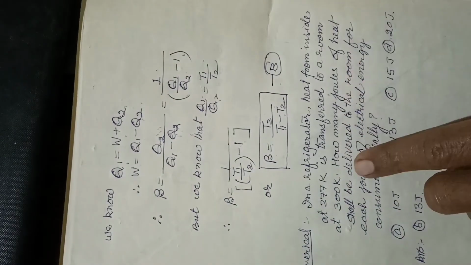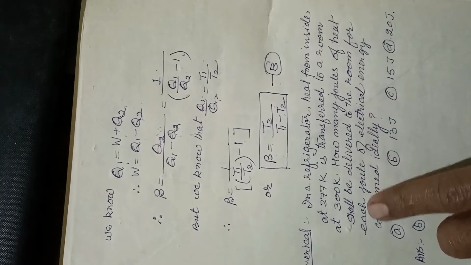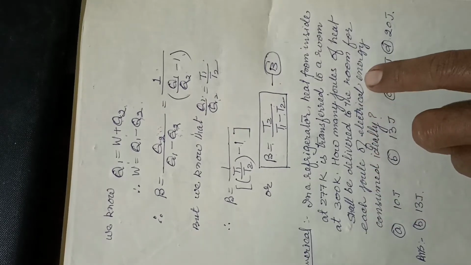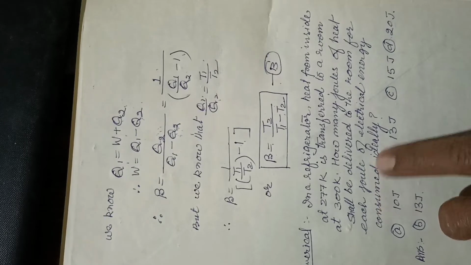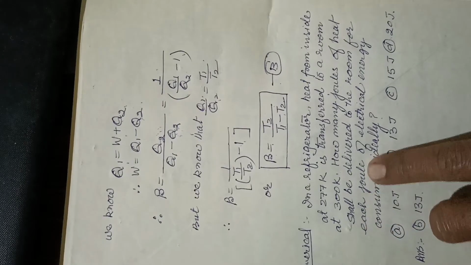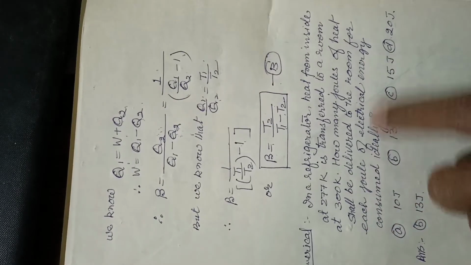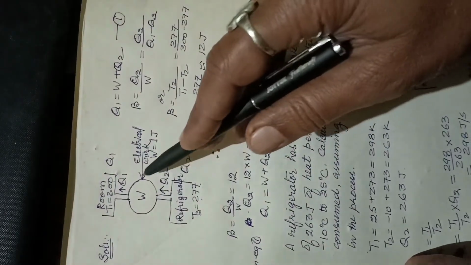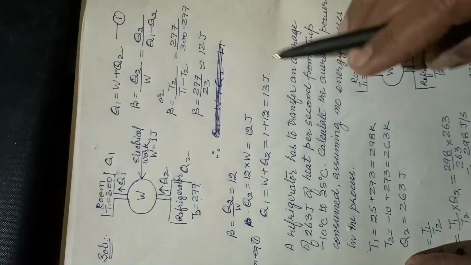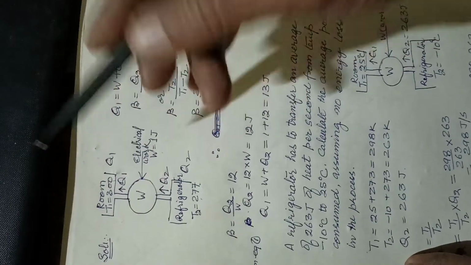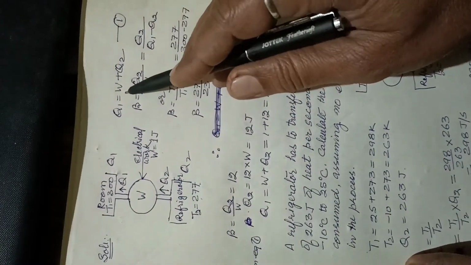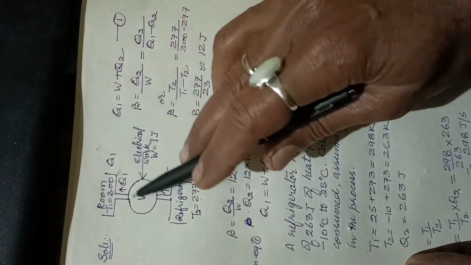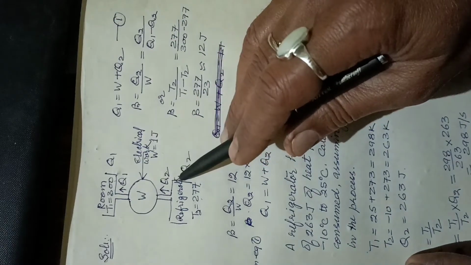It is asked for each joule of electrical energy consumed. It is consuming 1 joule of electrical energy. Then it is asked how much heat will be given to the room. So from the equation we know that Q1 is equal to W plus Q2.